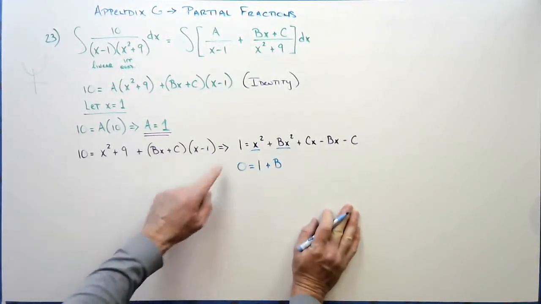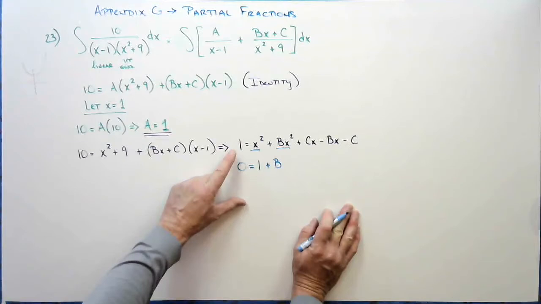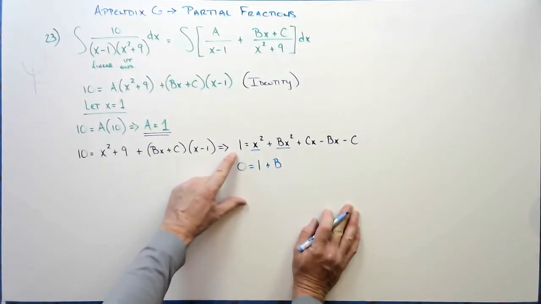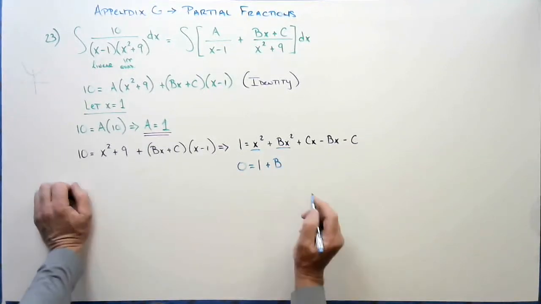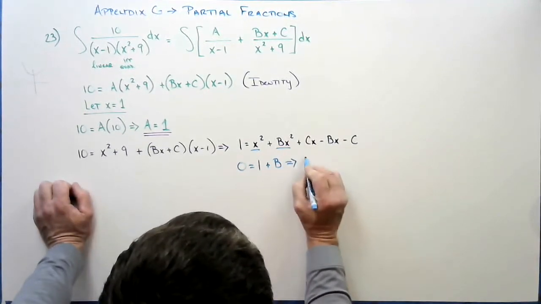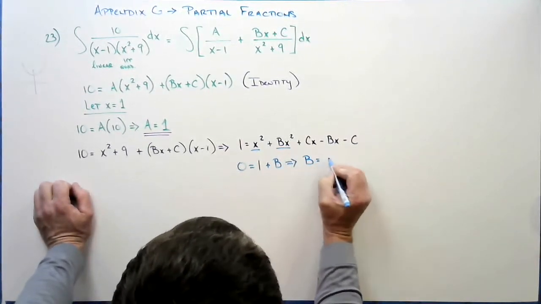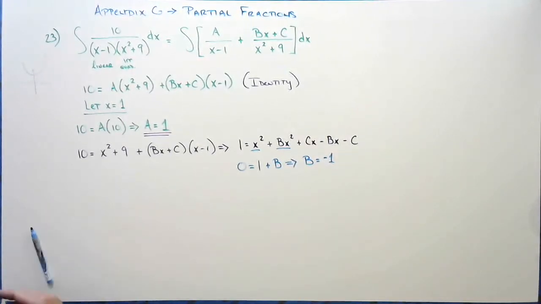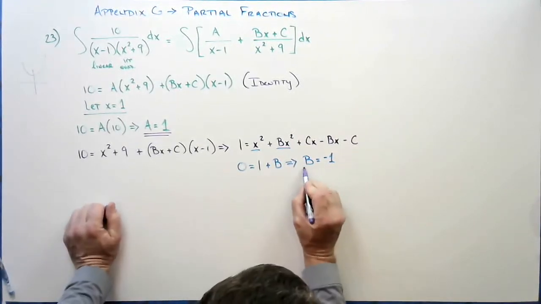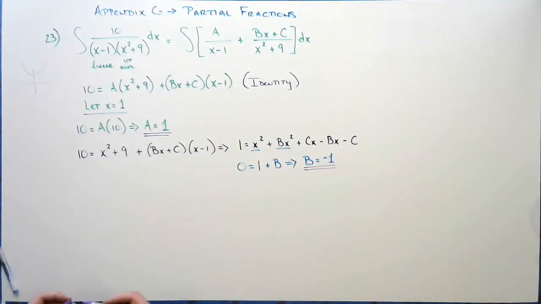So that gives us, just looking at the coefficients, over here the coefficient of the x squared term is 0 because it's not present. So here the coefficient is 1 and here the coefficient is B. Now that gives us the equation, if we solve that, B equals negative 1. So now we have been able to find our value for A and our value for B.